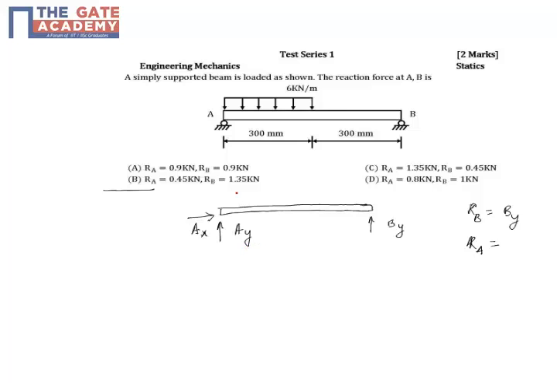Now you have a UDL, uniformly distributed load, which I can substitute with a single load acting at the center of the UDL. I am replacing a UDL with a concentrated load, and the value will be the intensity of the UDL, W, into the length L on which it is acting.